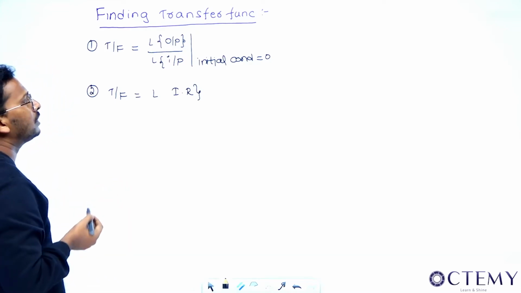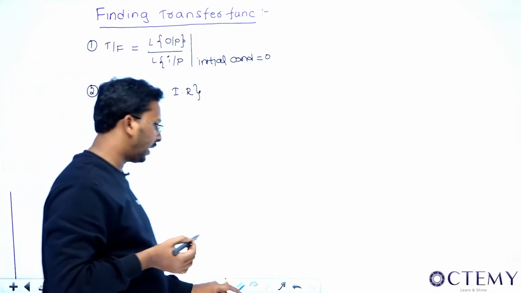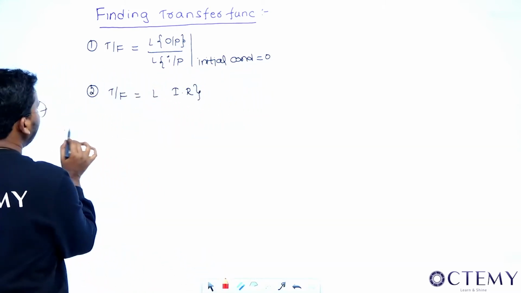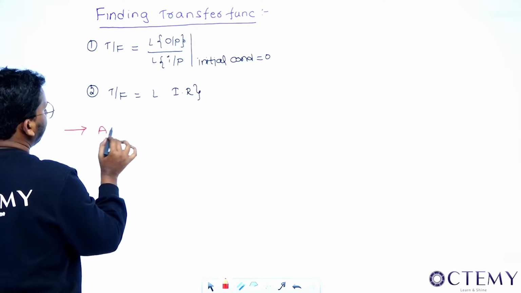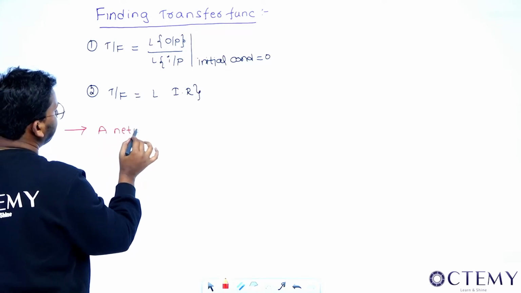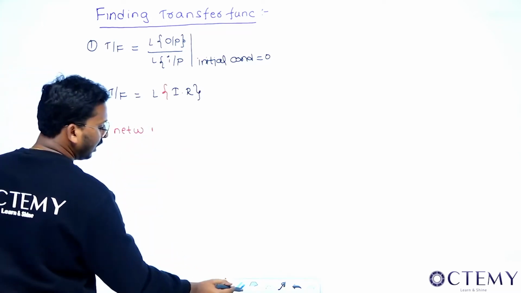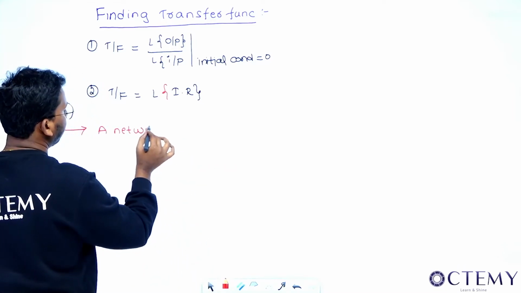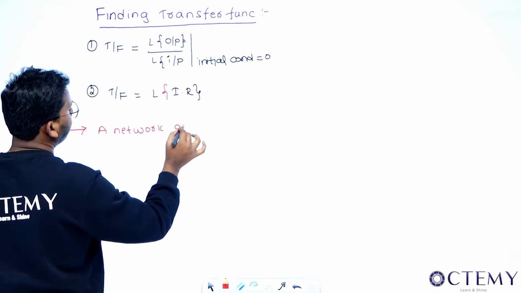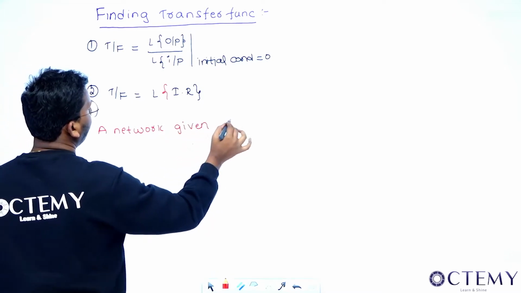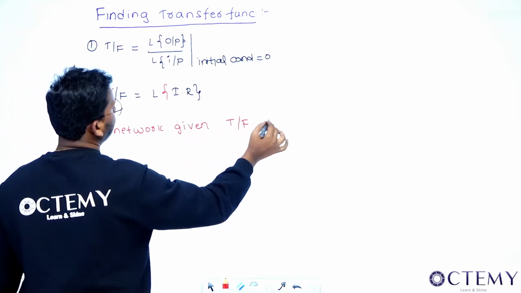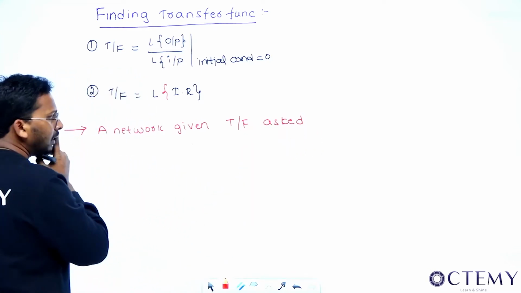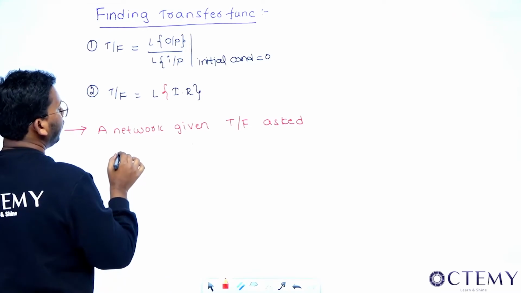Now see, in how many ways can they ask? A network can be given and its transfer function can be asked. Or the second way is they will give you a differential equation.